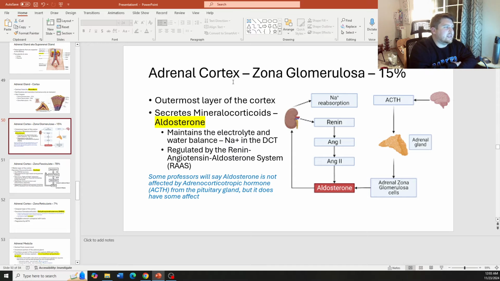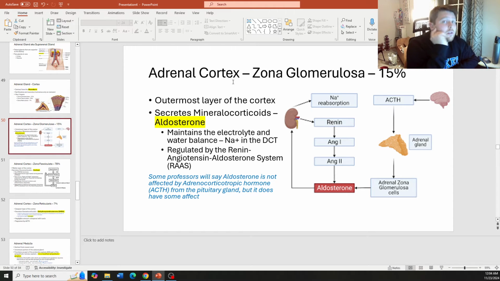Adrenal cortex, that is the outermost layer. This produces and secretes mineralocorticoids. The one specific one that it does is aldosterone. We remember aldosterone from the kidneys. When we talked about aldosterone, it does the balancing of sodium.